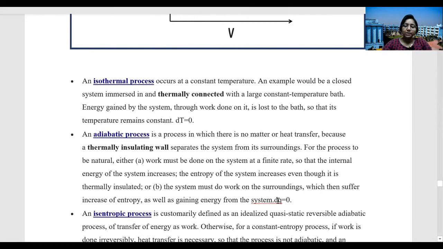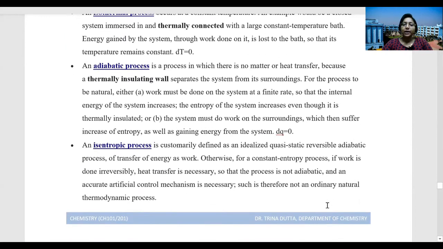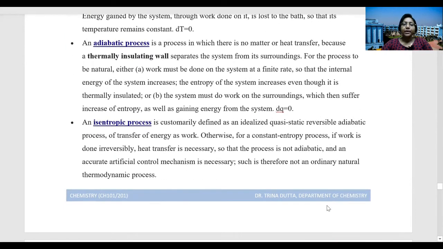So the mathematical representation of the adiabatic process is dQ is equal to 0. That means there is no transfer of heat energy.